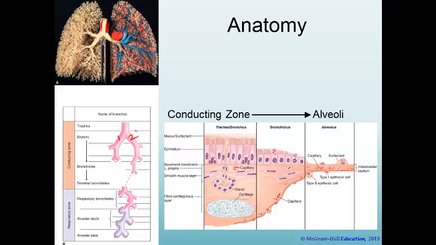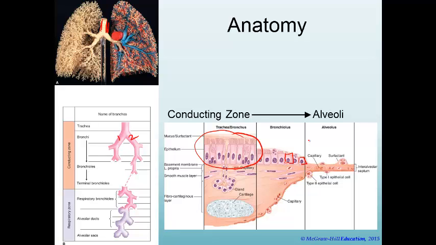And if you look at the histology of it, these pseudostratified ciliated columnar epithelial cells are going to be found in the trachea and the bronchi, and then down into the bronchioles where they will terminate, and you will start to have more of a cuboidal or columnar to cuboidal cell, right?